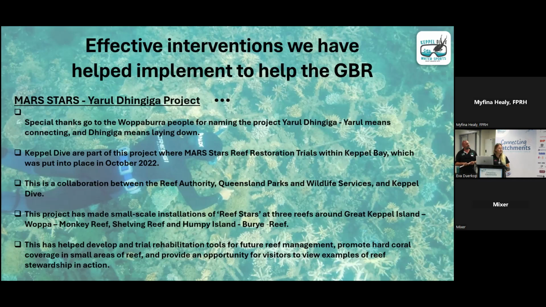And so they started out as small corals, and over a couple of years, we can see how much they grow. So here we're developing and trialling rehabilitation tools for future reef management, promoting hard coral coverage in small areas of reef, providing an opportunity for visitors to view examples of reef stewardship in action. That's one project that we have going on. That one particularly was at Monkey Reef, and there's also one at Shelving and Comfy out there as well.